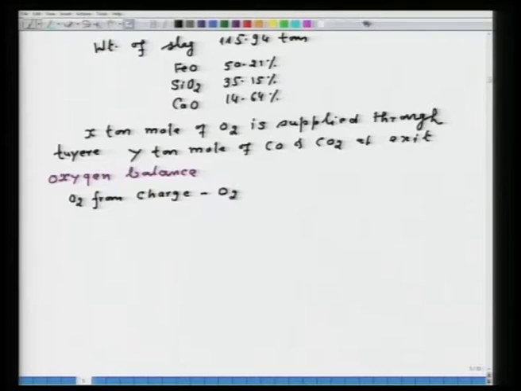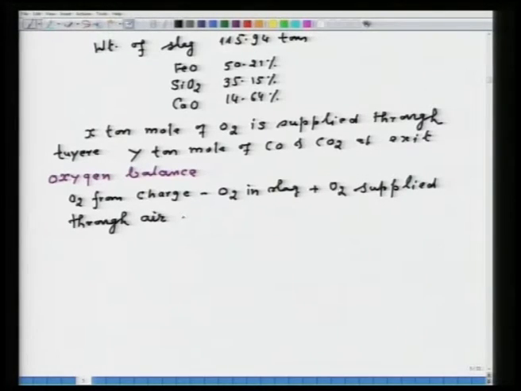minus oxygen in slag, because it is forming by oxidation, plus oxygen supplied through air, that will be equal to oxygen in exit gas. This balance you should be able to make in order to solve this particular problem.